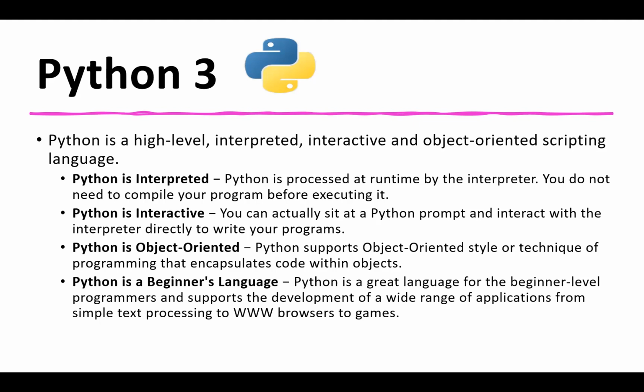And also, Python is very famous because it is a great language for beginner level programming. And from beginners to advanced level programmers, for the experts, Python is a great language because it could do a variety of applications, from simple text processing to web programming, data mining algorithms, image processing algorithms, and so on.